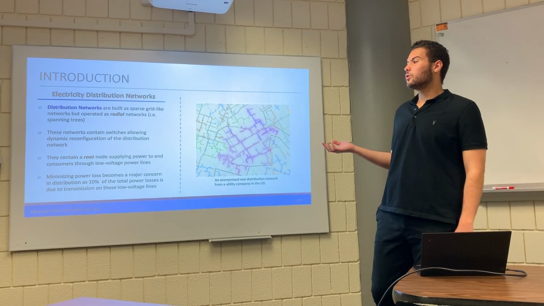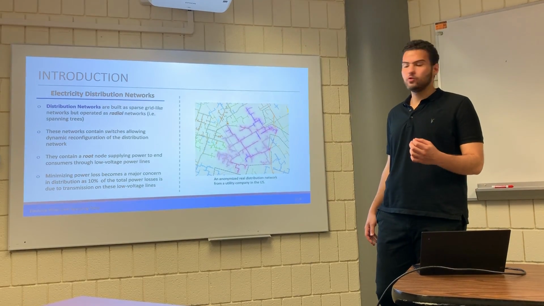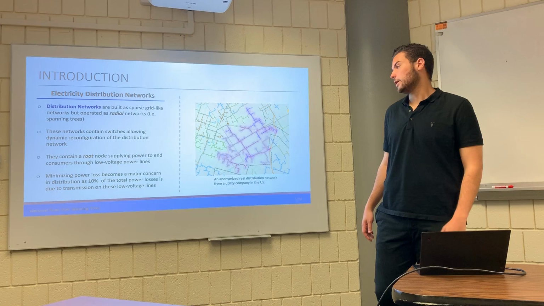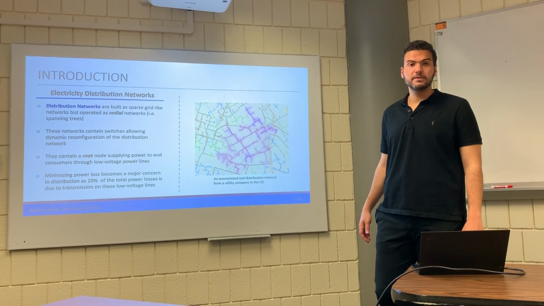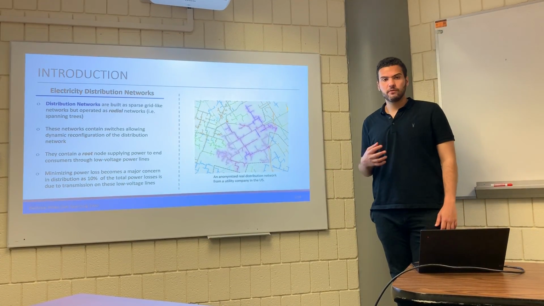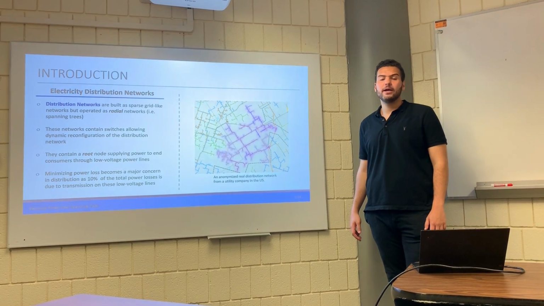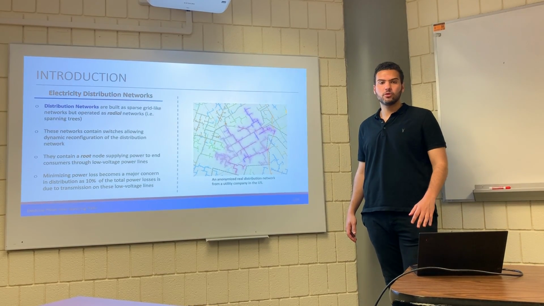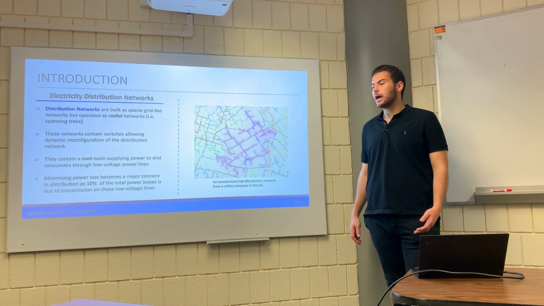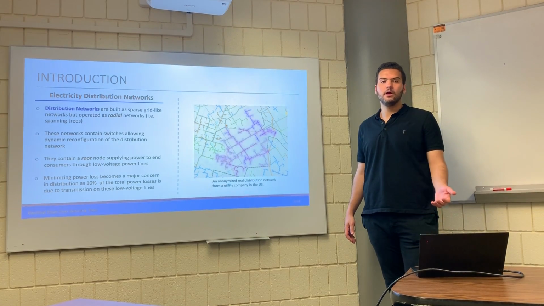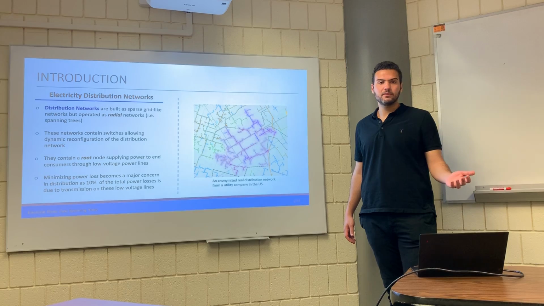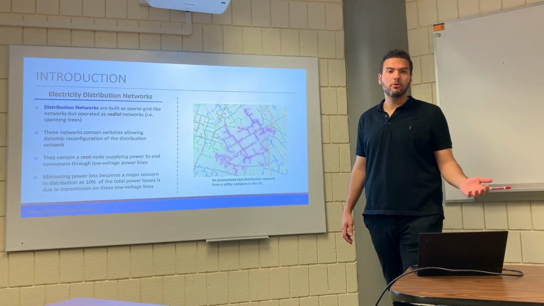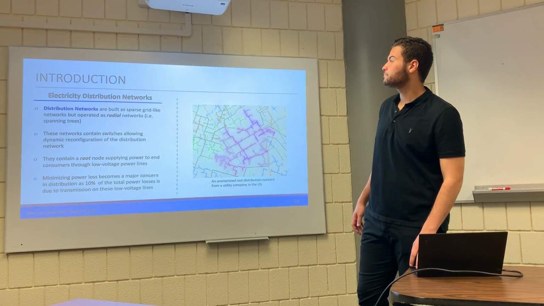These networks also contain a root node that supplies power to other nodes or end consumers in the network through low voltage power lines. But the problem is that transmission of electrical flow through these low voltage power lines accounts for 10% of the total power loss in the process, and this is a high number, so it's important to find the best acyclic subset to operate so that you minimize the power loss due to transmission.